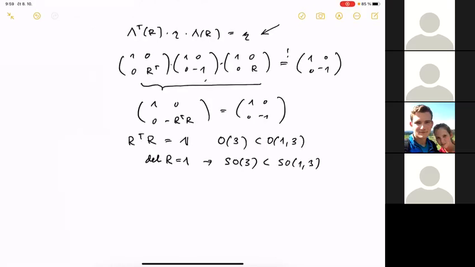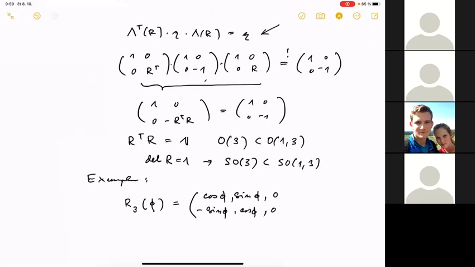Let us remind you of some example of such a rotation. A typical example is, for instance, the rotation along the third axis with some angle phi, and this can be written in the form of cosine phi, sine phi, 0, minus sine phi, cosine phi, 0, and 0, 0, 1.